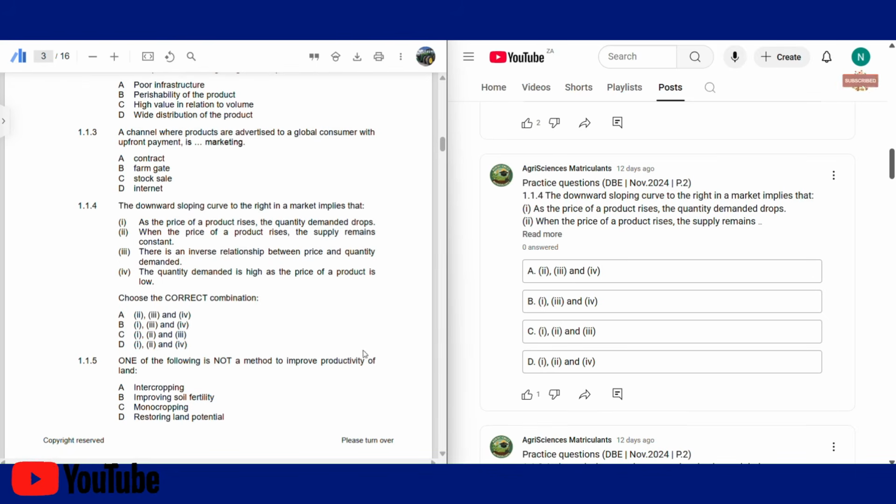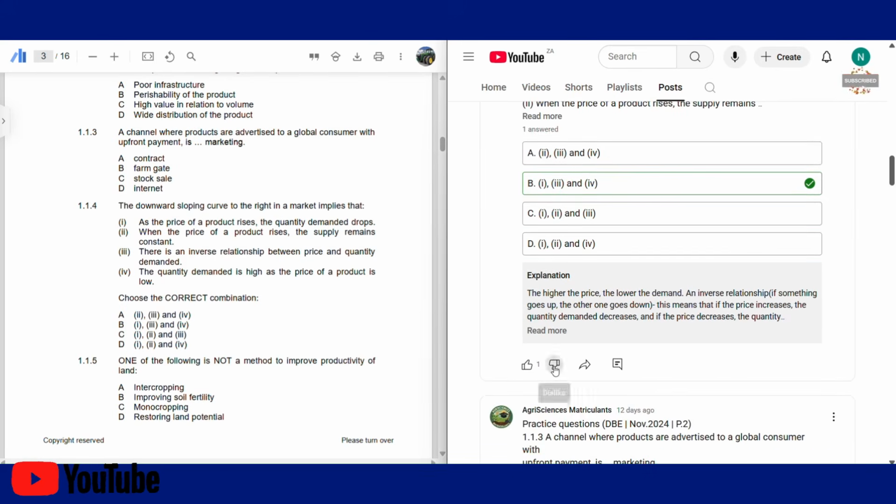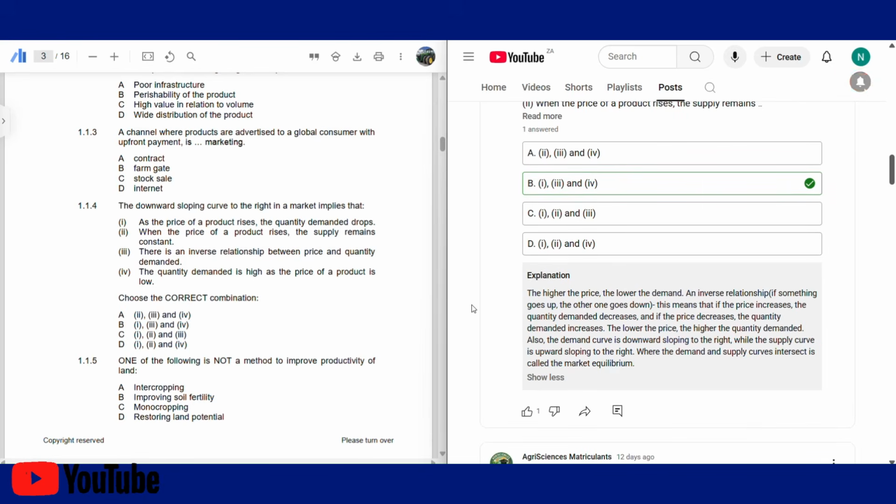Okay, that's B. Why am I saying B? So the higher the price, the lower the demand. That's Roman figure 1. As the price of the product rises, the quantity demanded drops.